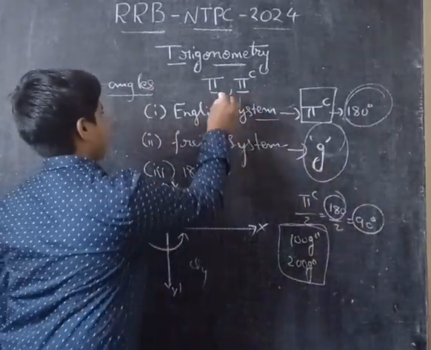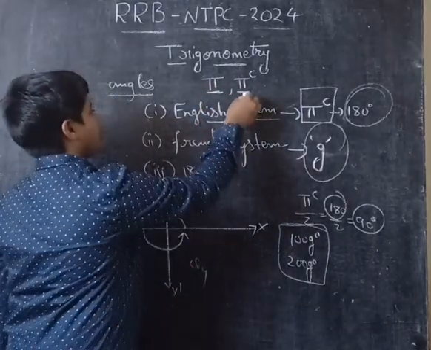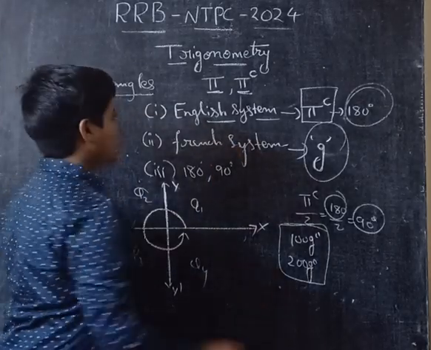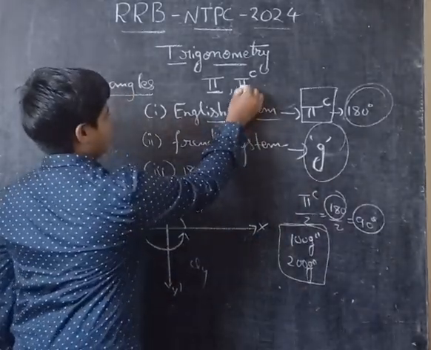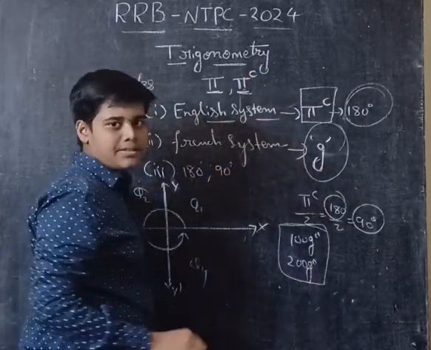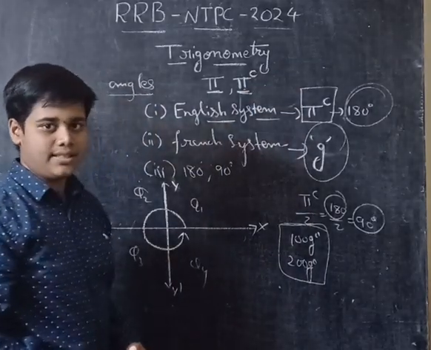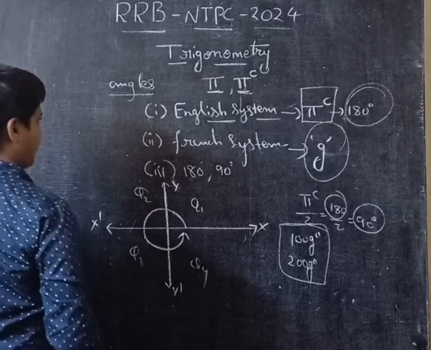In trigonometry, the normal pi is considered as 180 degrees, and pi c is also 180 degrees. Don't think pi c is pi to the power of c. That is exactly wrong. It is pronounced as pi c. So these are the systems of angles.